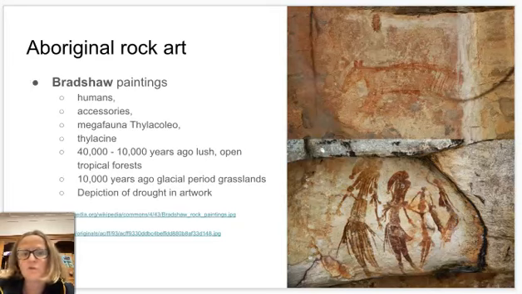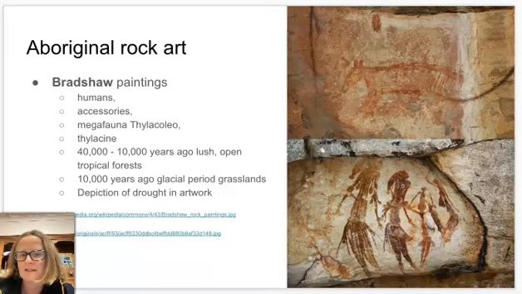There's also a huge number of rock arts called the Bradshaw paintings. It's a collection of rock art, and in these paintings you can see all sorts of things: humans with all the different accessories, like jewelry that they're wearing, and megafauna like thylacines. All sorts of lush, open, tropical forests dating anywhere from 40,000 to 10,000 years ago, and then a change into a glacial period.